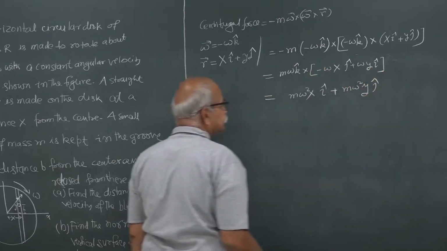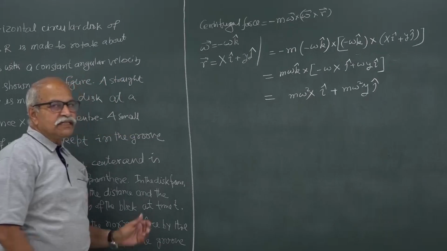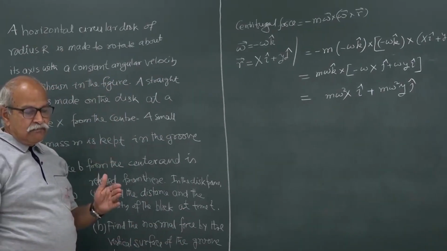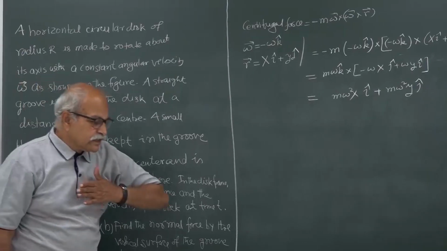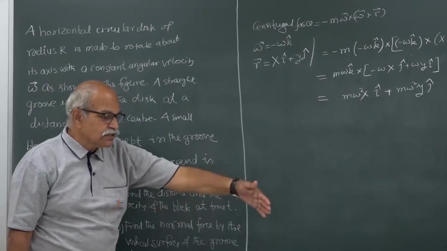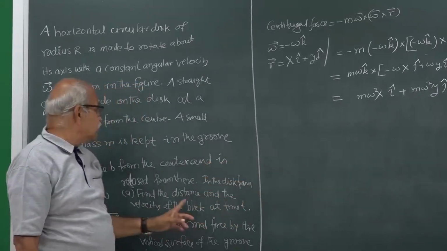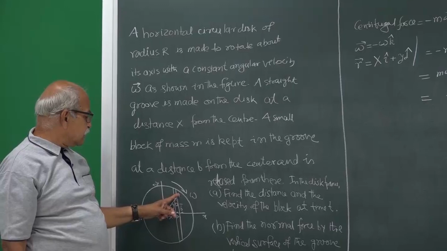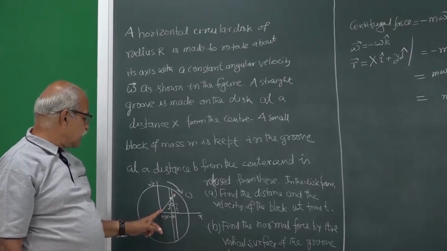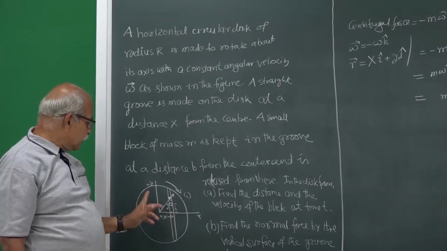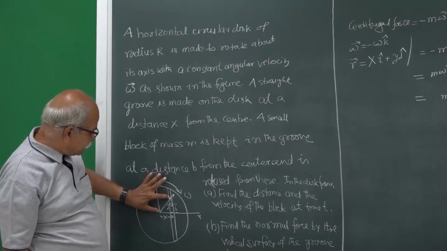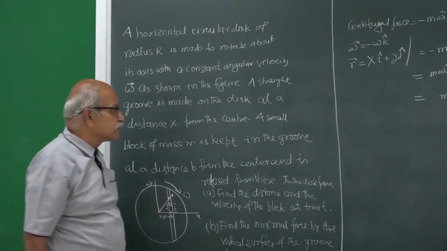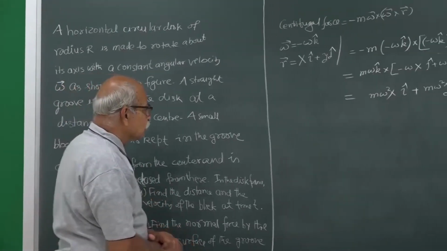So, it is this. We could have written it directly also. The centrifugal force is m omega square and the distance from the rotation axis outward. So, in this figure the centrifugal force must be in this direction, and that is m times this omega square times this distance and in this direction. So, you can easily write this expression. So, this is centrifugal force.